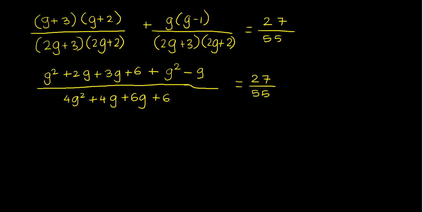Right, let's try and simplify by collecting the like terms in the numerator. I've got g squared here and another g squared there, so that would add to give me 2g squared.